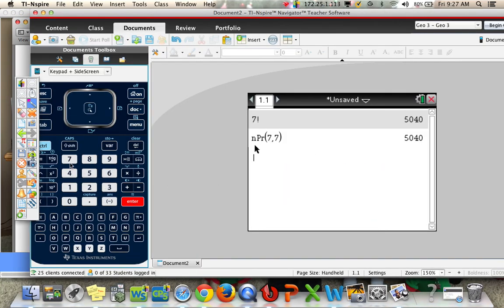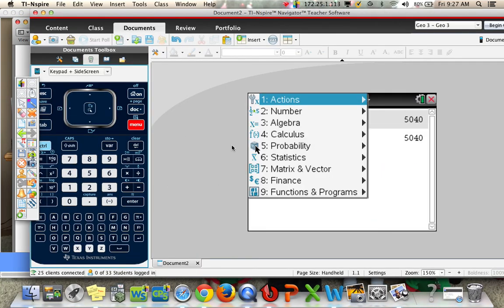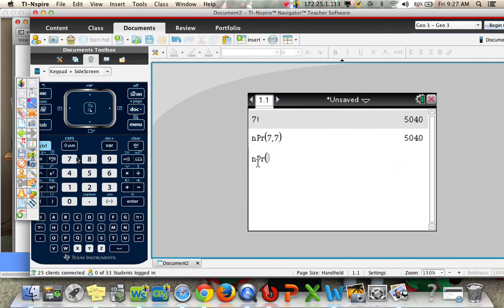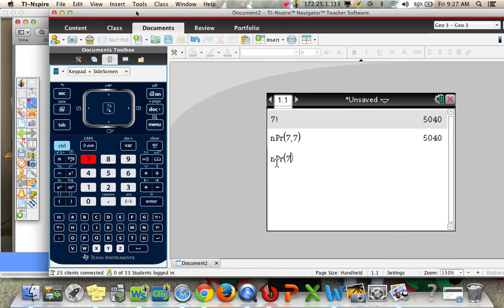So we do our, again, menu, probability, permutations, and it will be 7, 4. And we'll get 840 ways to arrange 4 people, or 7 people in 4 different spaces.